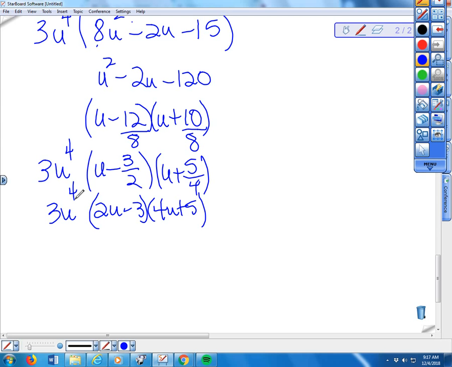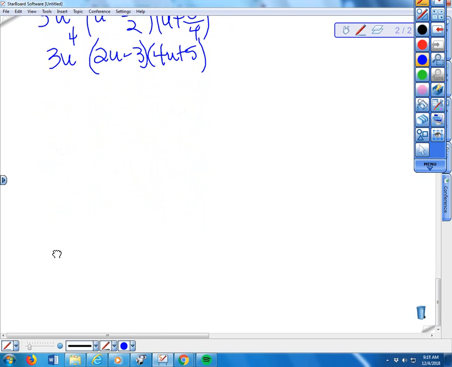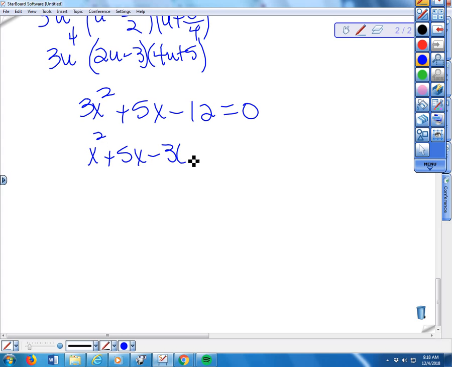Letter A. Solve using factoring. Bottoms up again. Three times negative 12 is 36.